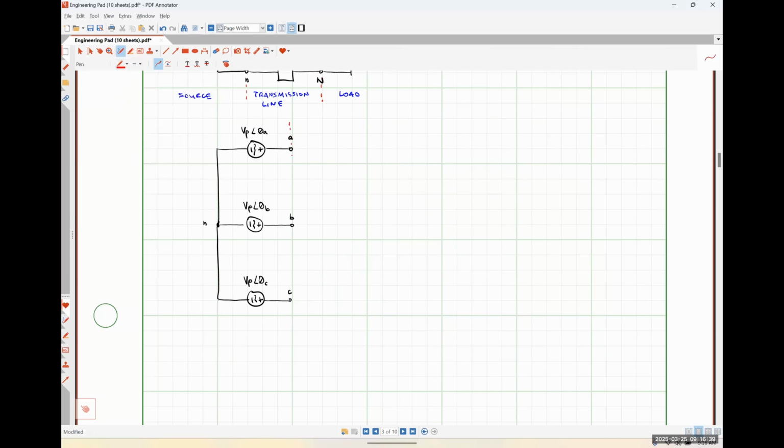This is one of 2 possible representations of 3-phase sources that we're going to see. This guy is what's technically called a Y-connected source. And then here in the middle, I'm going to have my transmission line network again.